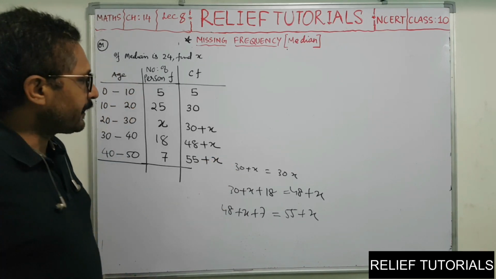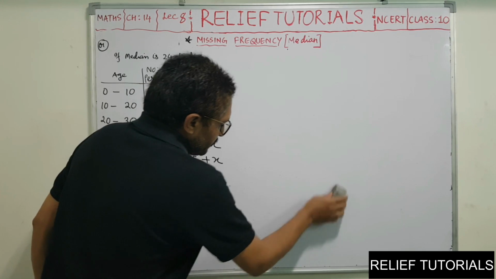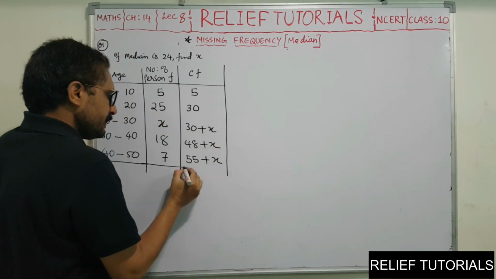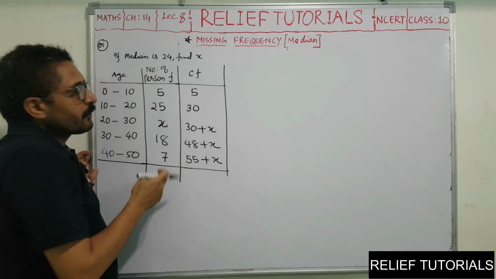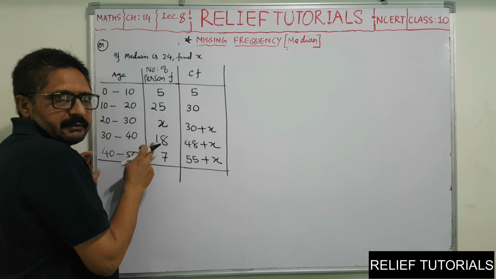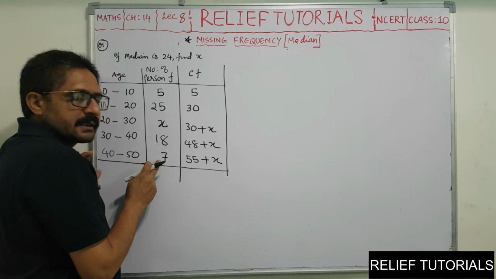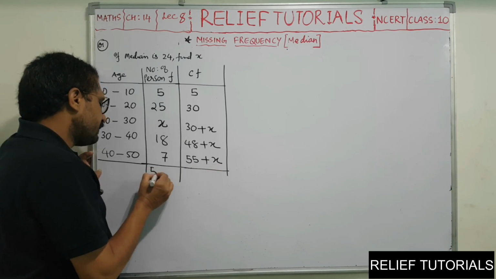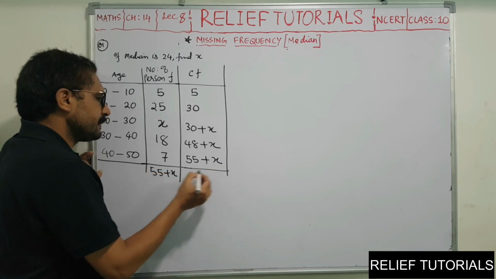In this way we have found the cumulative frequency. Sum of the frequency means 5 plus 25, 30, 30 plus 18, 48, 48 plus 7, 55, 55 plus x. So this will be the total cumulative frequency, 55 plus x.